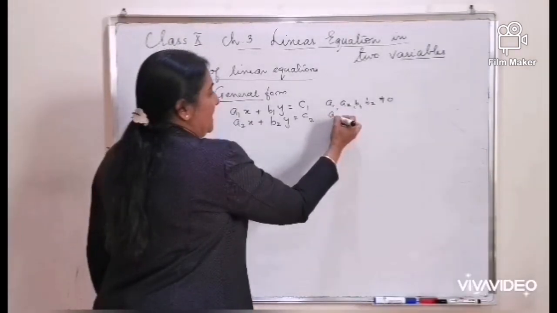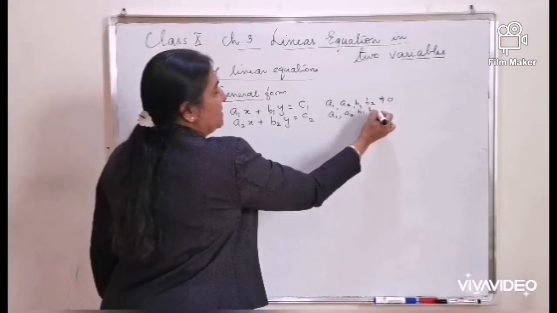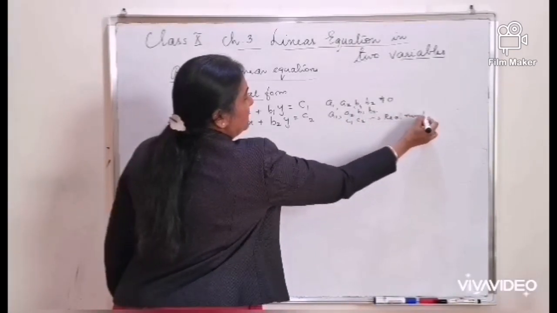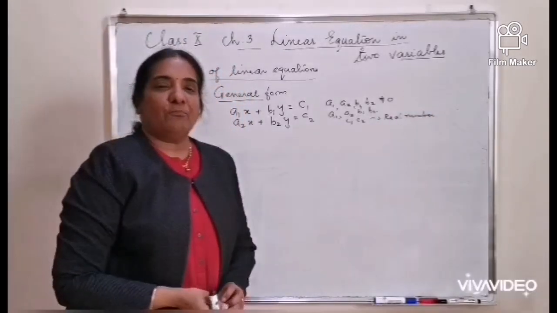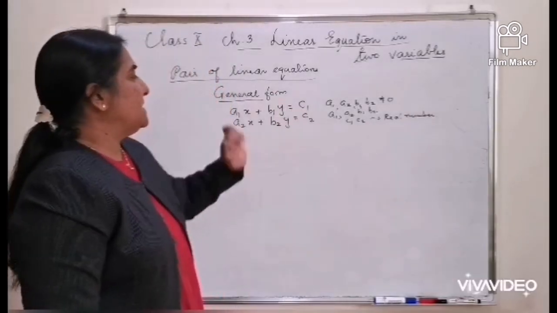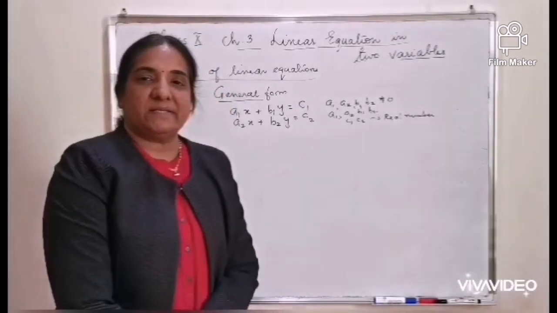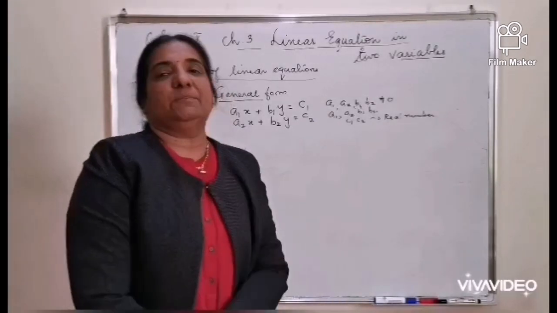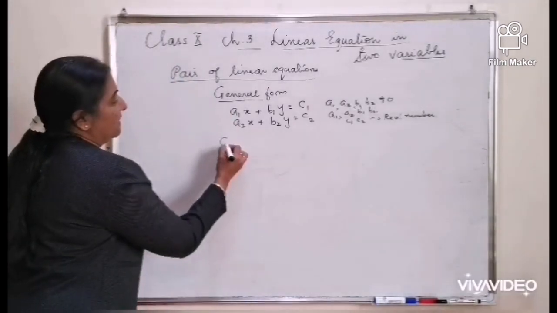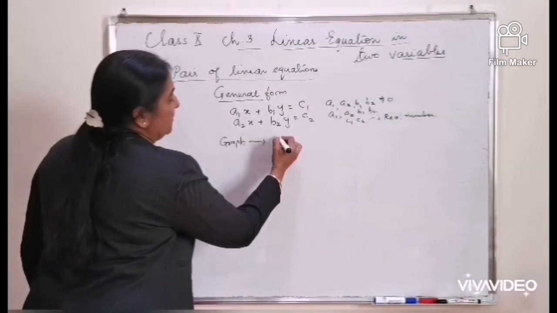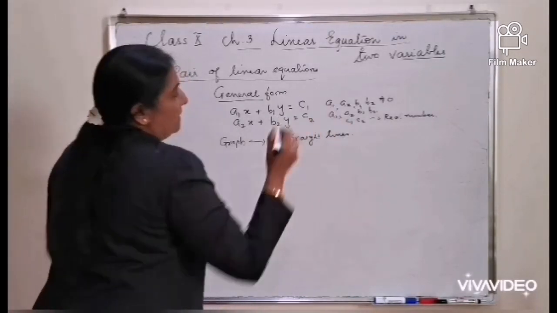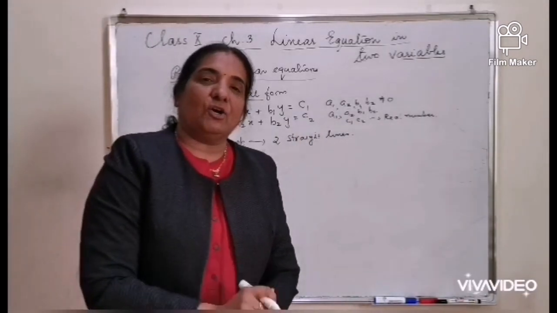At the same time, a1, a2, b1, b2, c1 and c2 are all real numbers. Let us discuss the graph of this pair of equations. The graph of a pair of linear equations will be two straight lines plotted in the coordinate system.